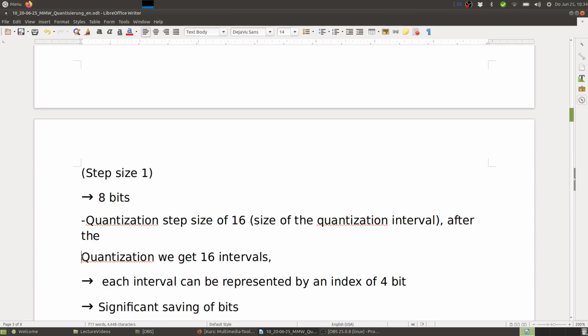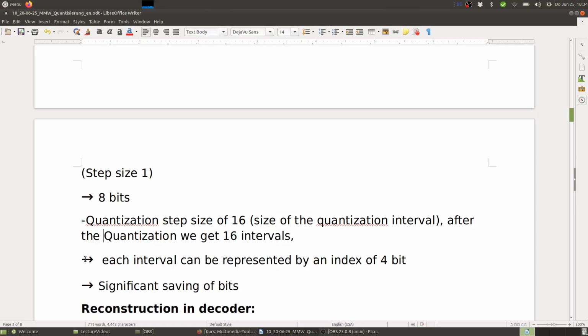After the quantization, we will get 16 intervals. So 256 divided by 16. And that means in this case, each interval can be represented by an index with only 4 bits, right? Because we only have those 16 intervals. And this is a significant saving of bits.